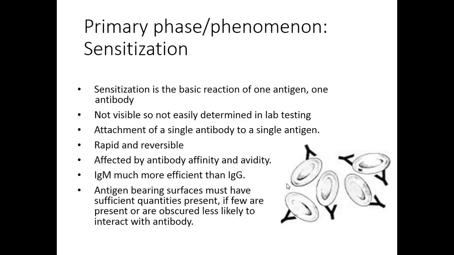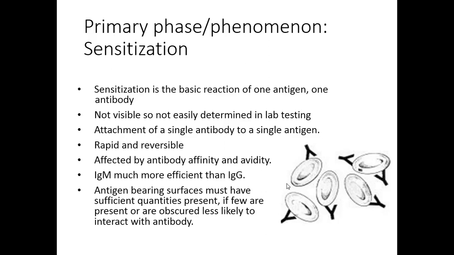So let's take and look at sensitization just in a little more detail. So the primary phase or phenomenon, that's sensitization, is quite simply the reaction of one antigen, one antibody binding. So one Fab region of an antibody binds to one epitope on an antigen.